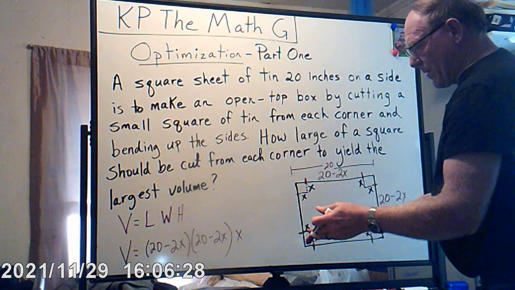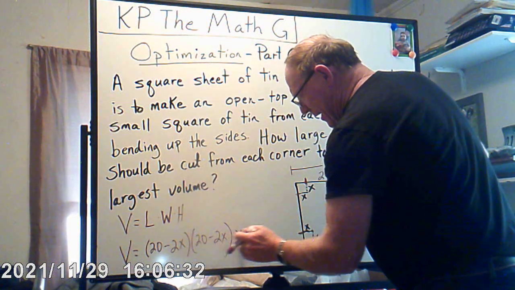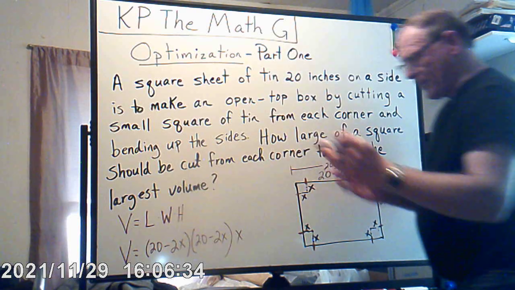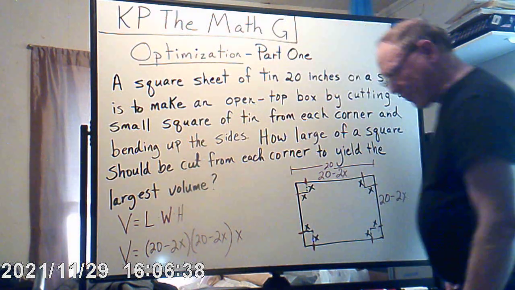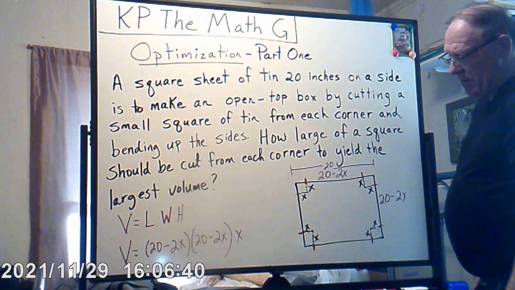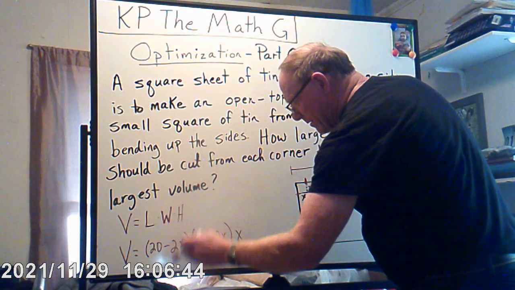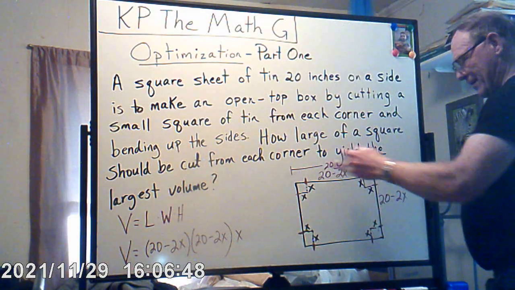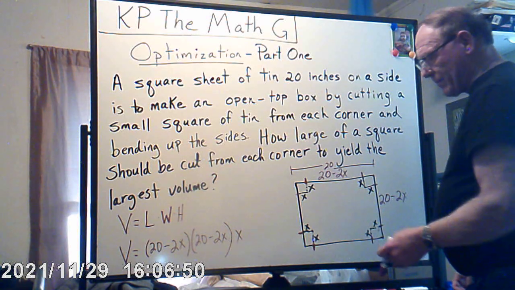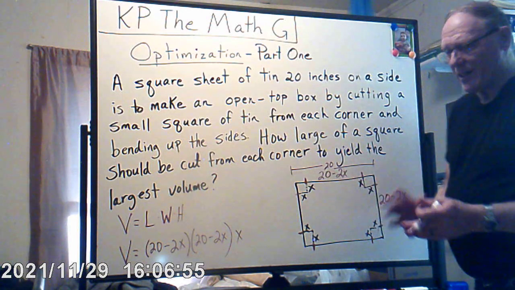If we're looking for the volume, all you have to do is plug in the 10 over 3 right here, here, and here. You got the volume. If you just want the dimensions, you can simply plug in 10 over 3, and you have the length and the width. Okay, it just depends on what is being asked for.